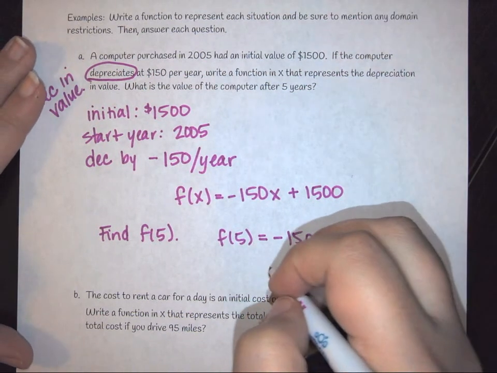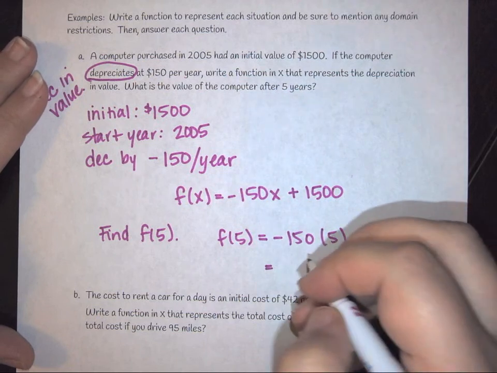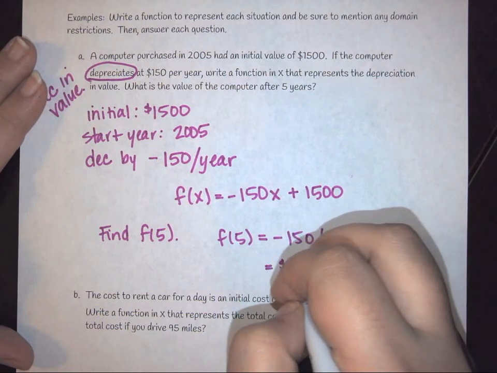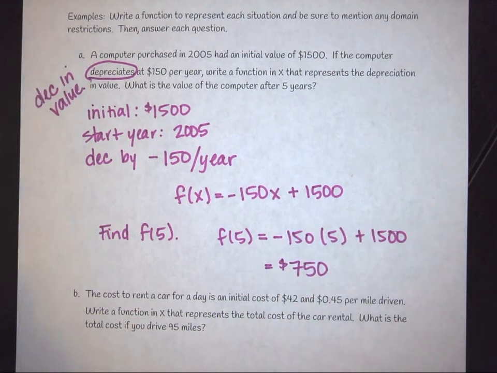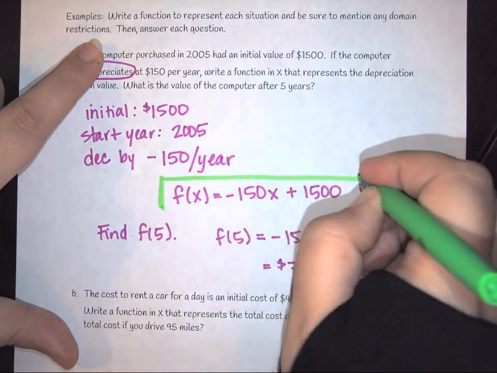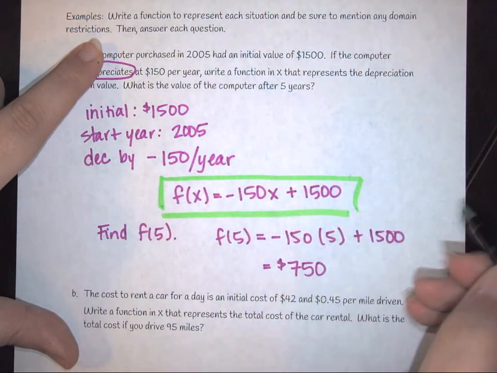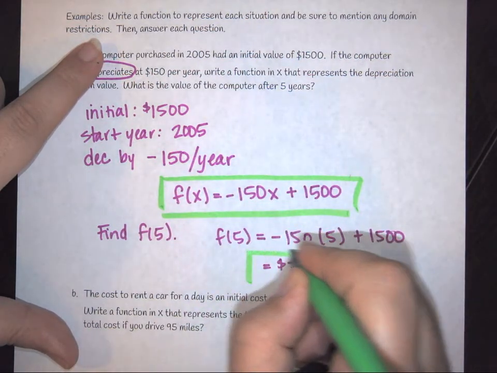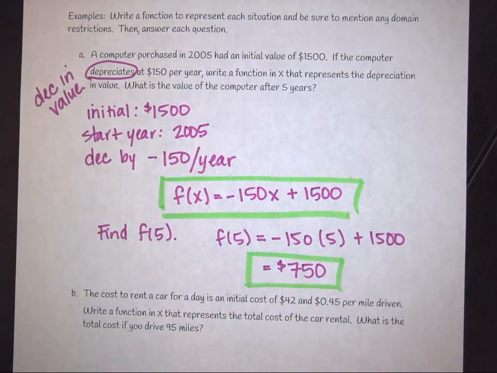So when you solve that down, you come up with $750. So if you look at it in terms of what my answers had to be, the first answer is the equation you had to write, and the second answer is the amount of money your computer is valued at after the given time.